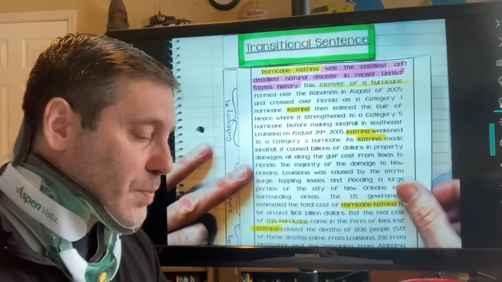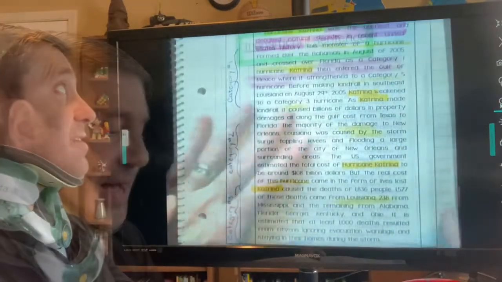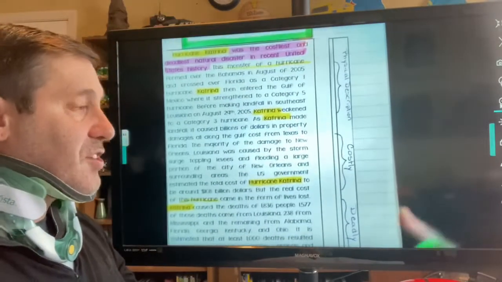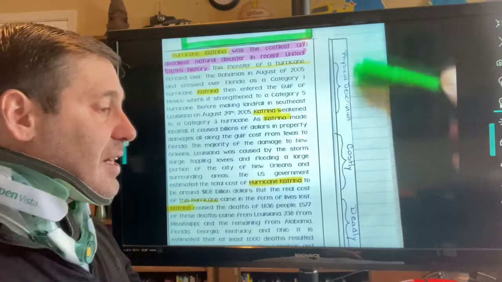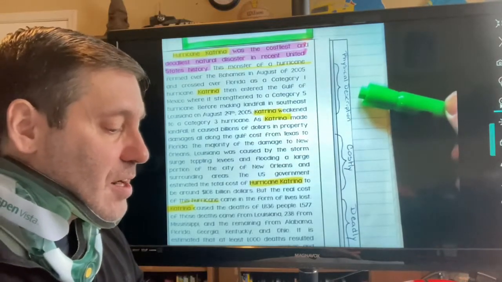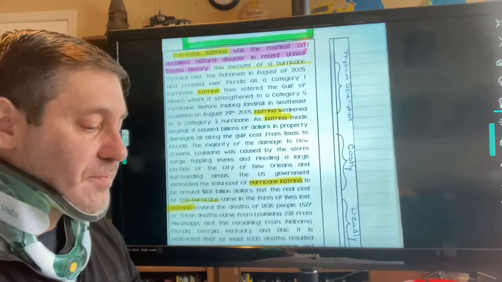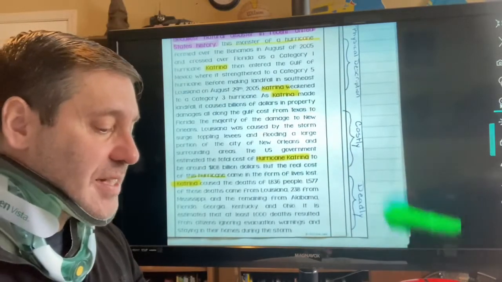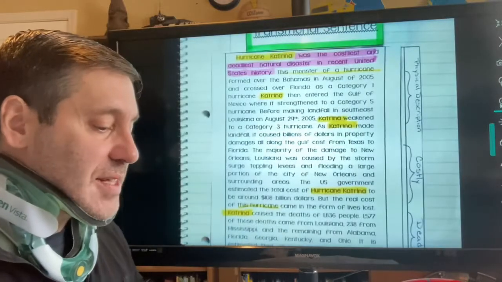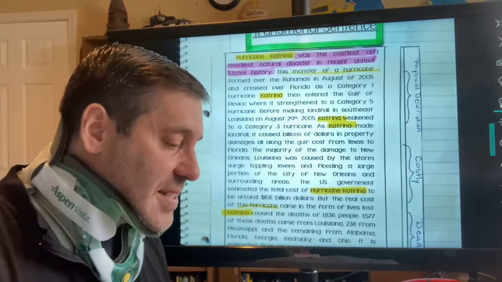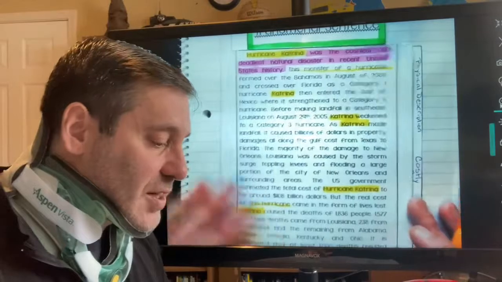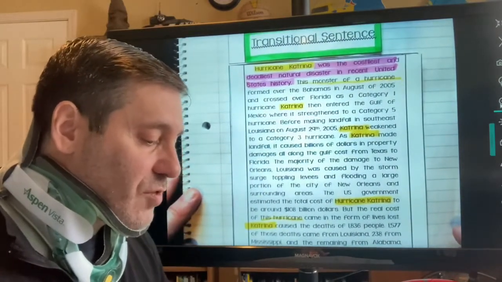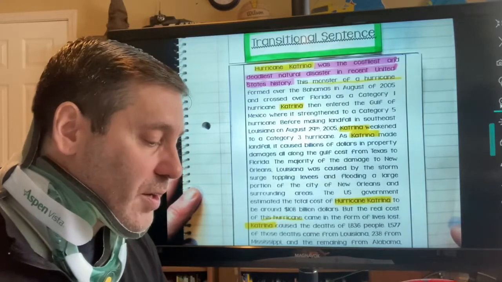And we can see in my notebook, I've already set this up. And I've already labeled them because you're going to see as I read these. This first category is a category for physical description, where they physically describe the storm. Then our next category is going to be costly, and then the last category is how deadly it was. So as I read this, I see it says, this monster of a hurricane formed over the Bahamas in August of 2005 and crossed over Florida as a Category 1 hurricane.